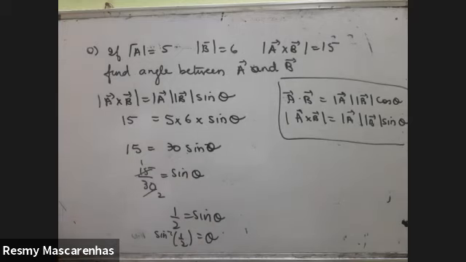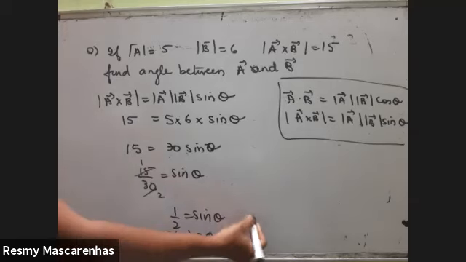So what angle will give me half? Sine of which angle is 1 by 2? Quickly tell me. Trigonometric tables: sine of 30. Yes, theta is 30 degrees.